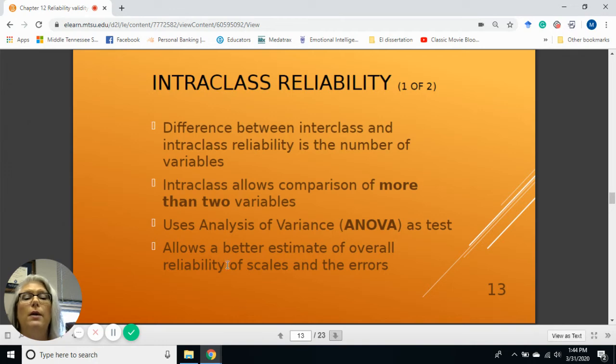And then we use a test called analysis of variance, an ANOVA test. That is a statistical test from SPSS that says how much correlation there is and what the relationship is between the variables. And that helps with our errors and reliability scales there.